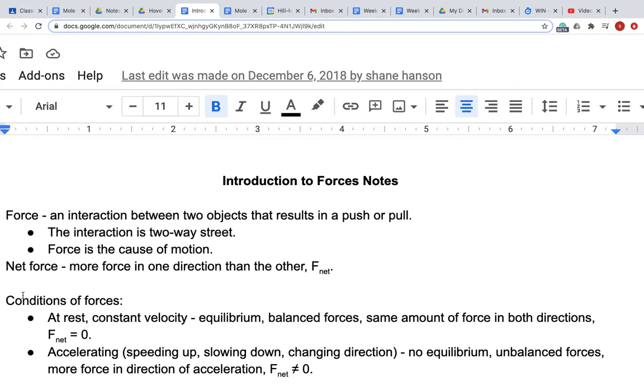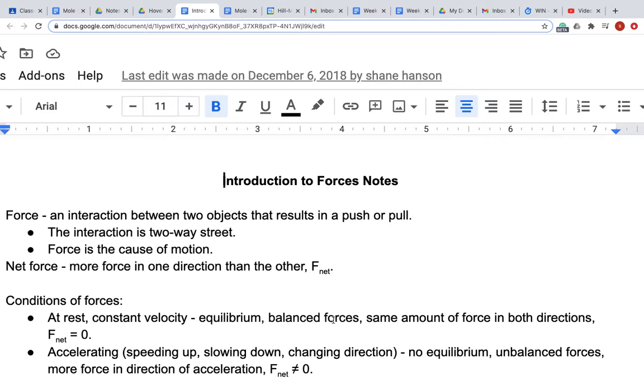Okay, so there are several conditions of forces. There are two conditions that are the same: at rest and constant velocity. When you are at rest or at constant velocity, the condition of the forces is actually the same. That means you are in equilibrium, which means you have what is called balanced forces.